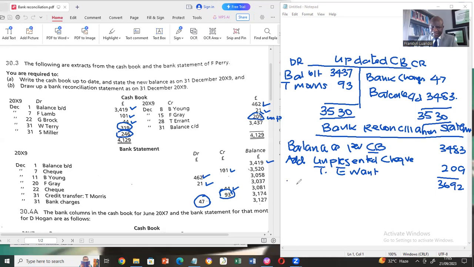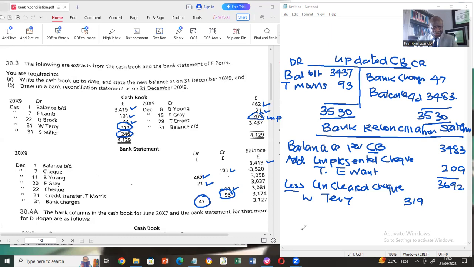Then less uncleared checks. The reason why we are deducting is because in the cash book we have added, but at the bank they have not. So to be on the same footing, we also remove. So we have W Terry, that was 319.